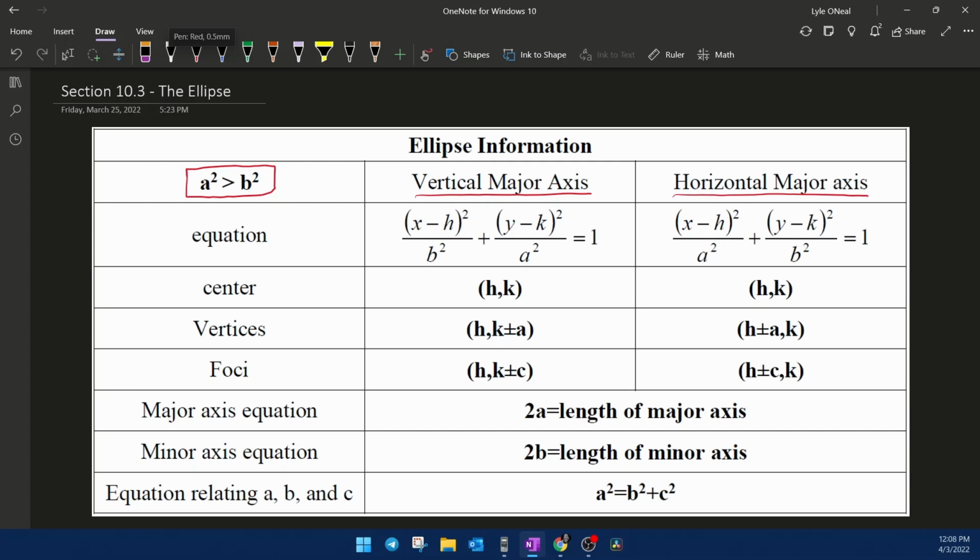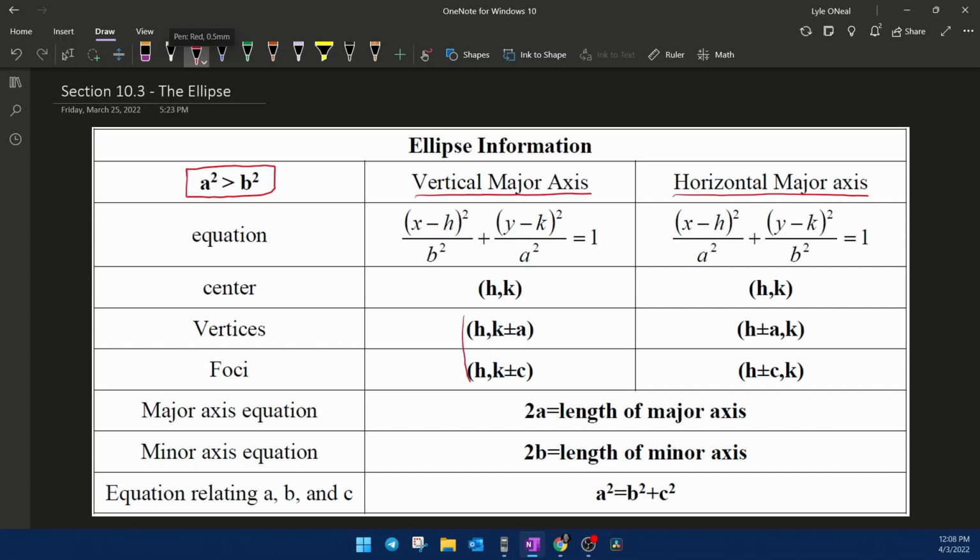So one other thing to note before we move on, sometimes they will give you the vertices and the foci, or the center and the vertices, or the center and the foci, and they will ask you which is the major axis.